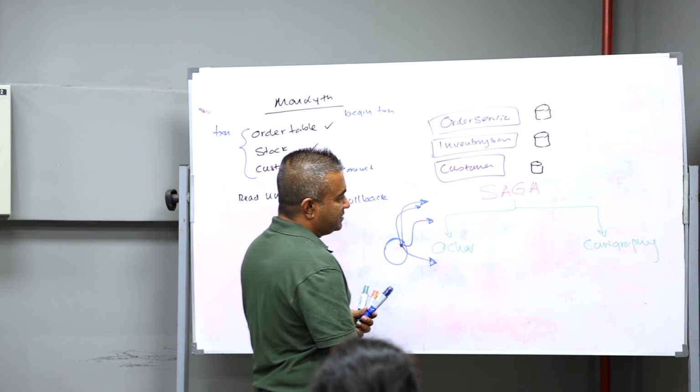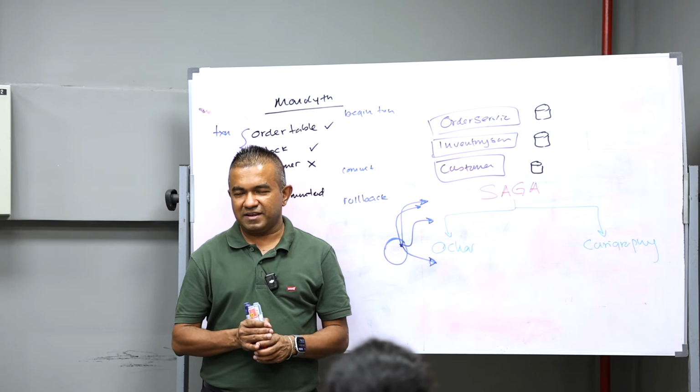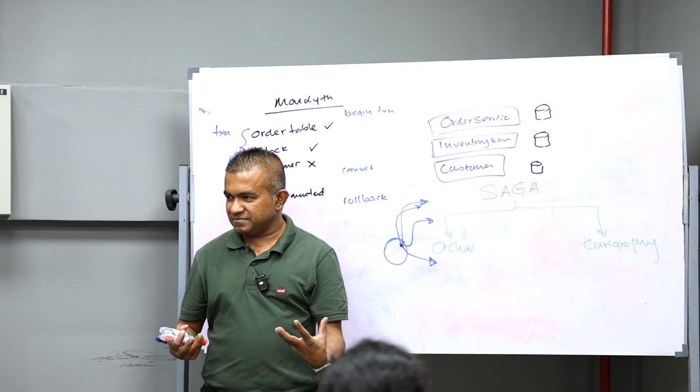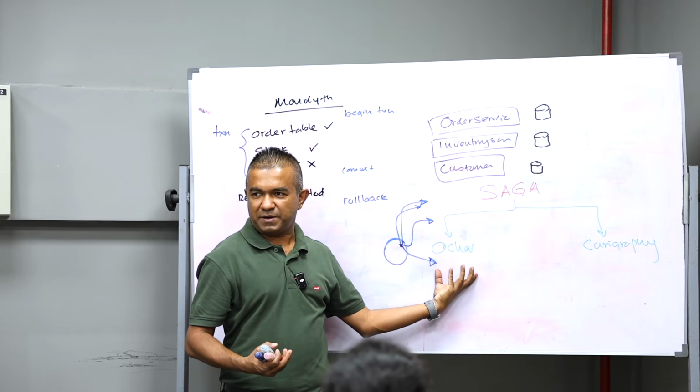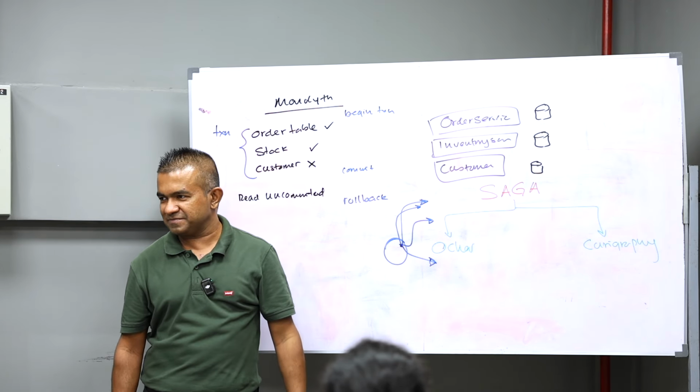The other model is choreography. Choreography means there is no orchestrator. This is called the centralized brain. Choreography means there is no centralized brain. Order is created and it emits an event called order created.